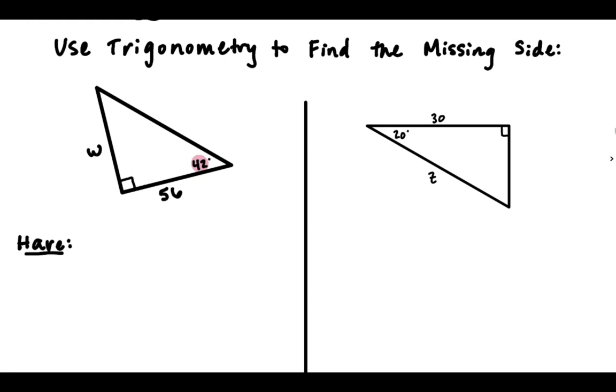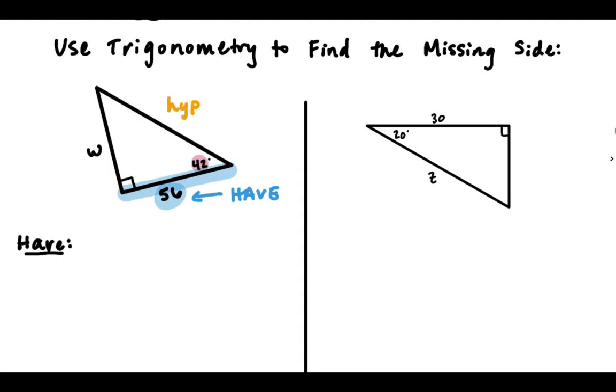Okay, the side we have is our 56. That's the given. So that's my have side. And which side of the triangle is that? So let's go ahead and just label this whole triangle for 42. So first start with the hypotenuse, that's across from our 90, right? So this side is going to be the hypotenuse.